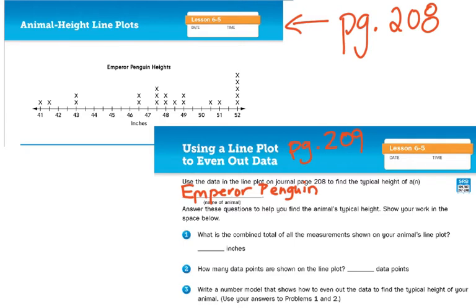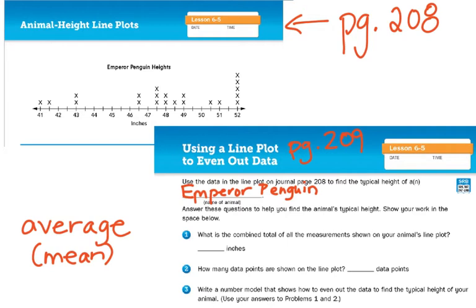Answer these questions to help you find the animal's typical height. Typical is what we would call average, also referred to as mean. Show your work in the space below.